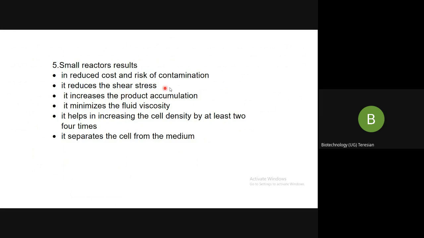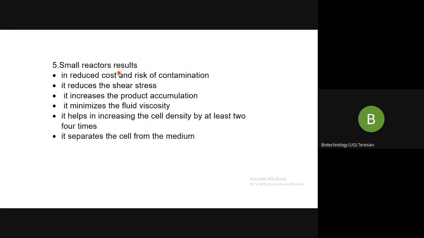So there is a force which is causing your material to become deformed. That should not happen. My material should be stable and in its original form. It should not change into a deformed state. That is called shear stress. So it reduces the shear stress. What reduces the shear stress? Your immobilized enzymes when you're using them in small reactors.